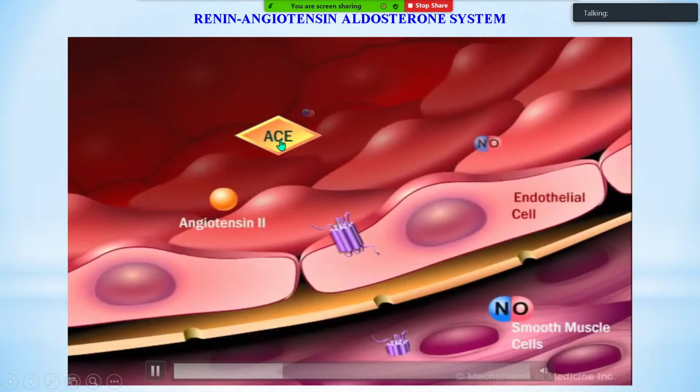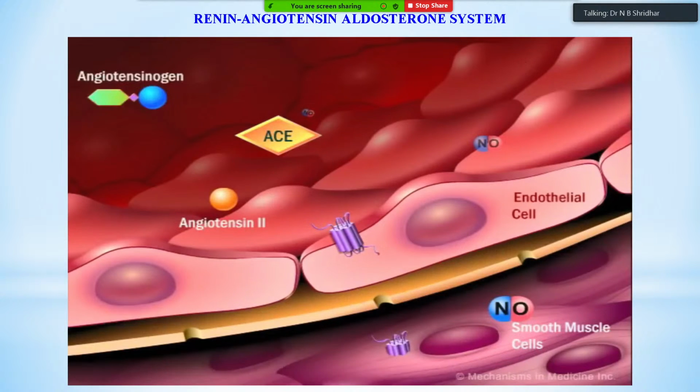In the presence of ACE, angiotensin 1 is converted to angiotensin 2. Non-renin activity can also convert angiotensinogen to angiotensin, and with non-ACE or kinase activity, angiotensin 2 is also produced.